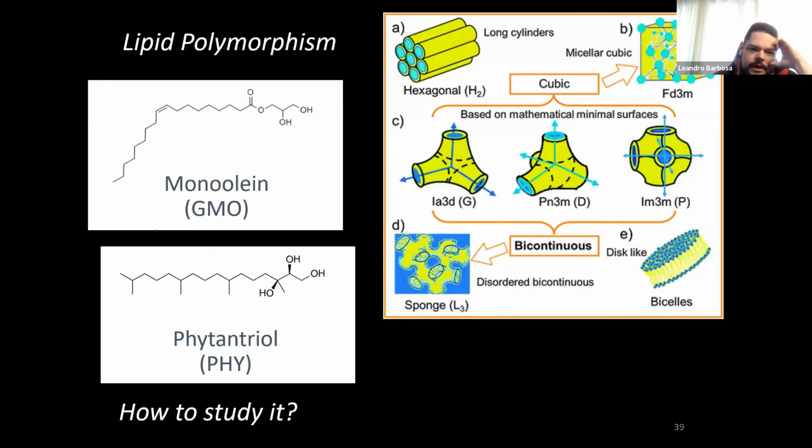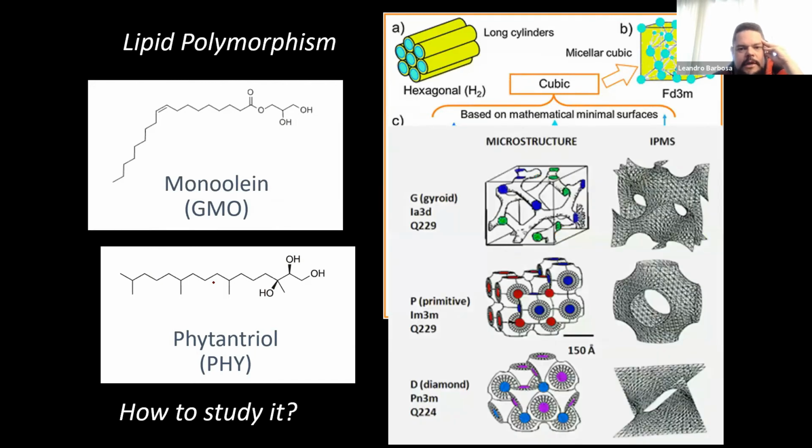So these two molecules, monoolein and phytantriol, are amphiphilic molecules. In the case of monoolein, you have this region here as the polar region and this as the apolar region. In the case of phytantriol, this region here is the polar one. And of course, this one is the apolar region.